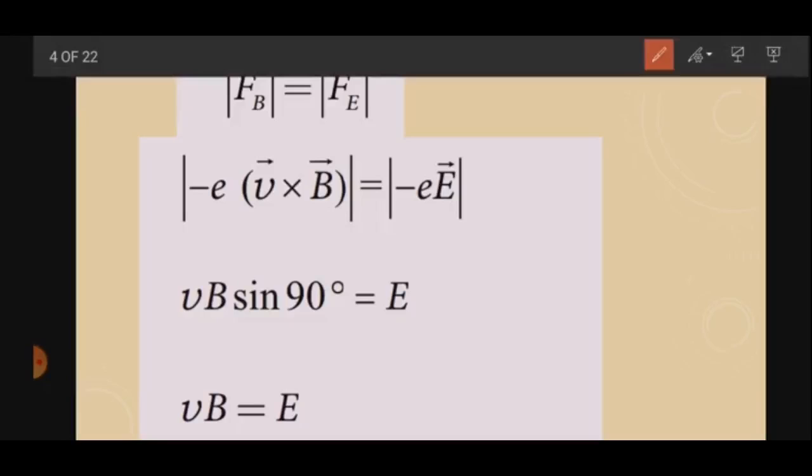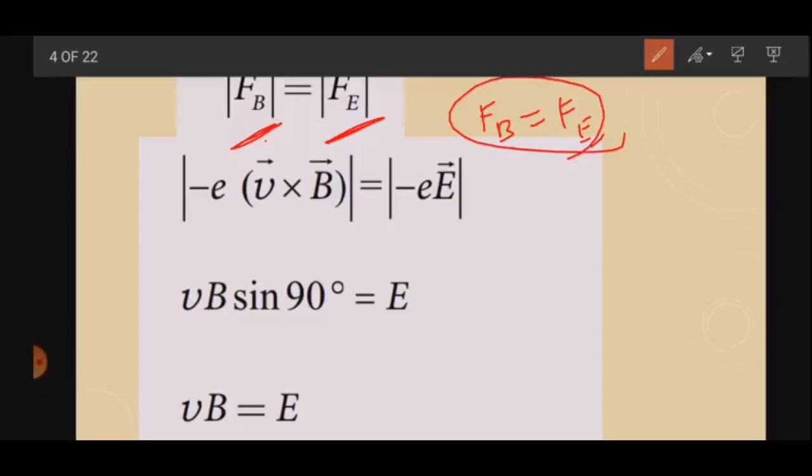The magnitude of F_B equals F_E, both are equal.